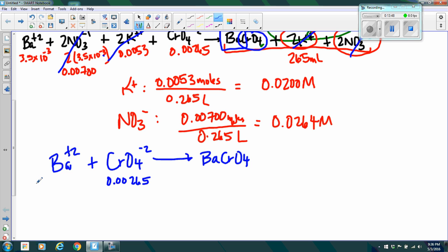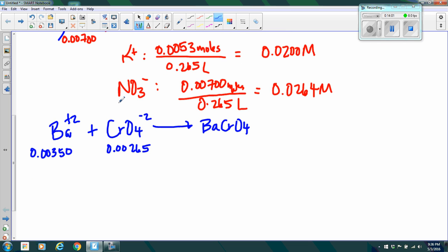Well, I have, let's see, I'll write it so you guys can see it. 3.5 times 10 to the negative third moles of that. And because this is my limiting reactant, all of that's being used up. That's what it means. So it is reducing by that amount, and that's going to be 0. It's all gone. Well, I can't reduce by more than what's available, so I'm only going to be able to reduce on this side by the same number of moles.